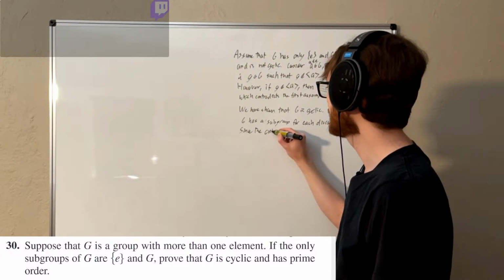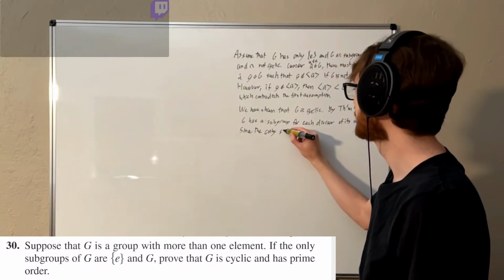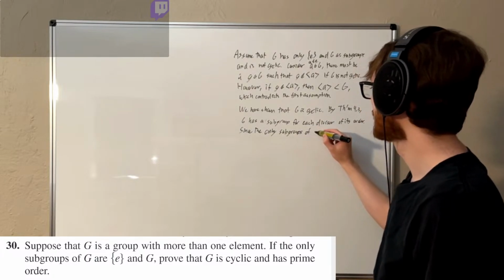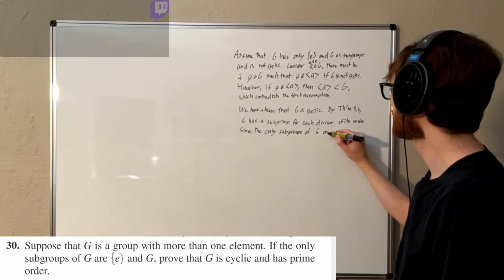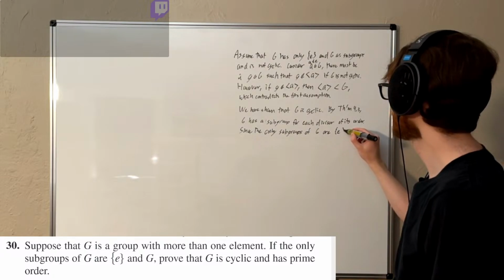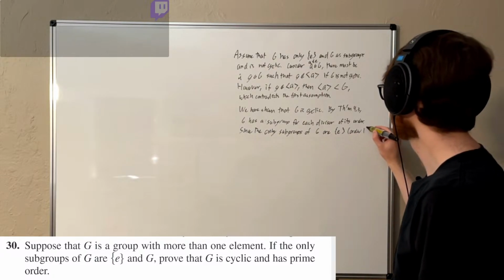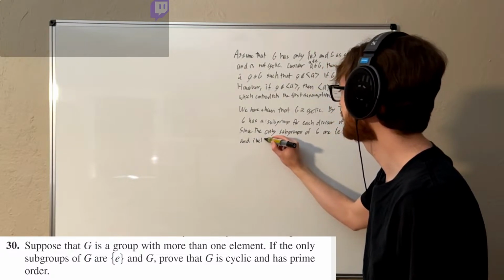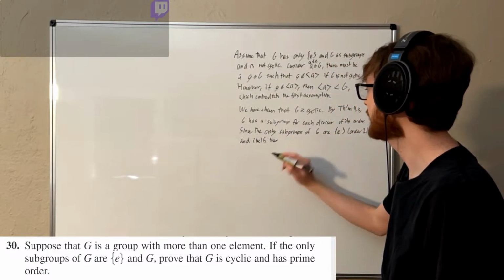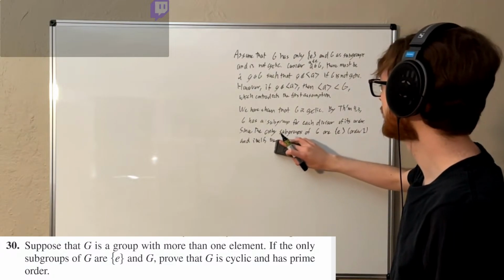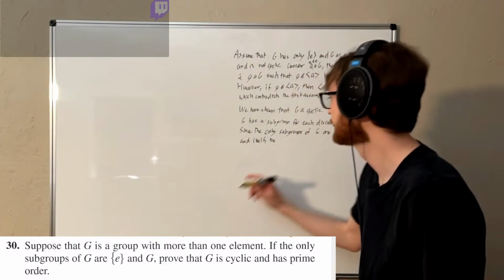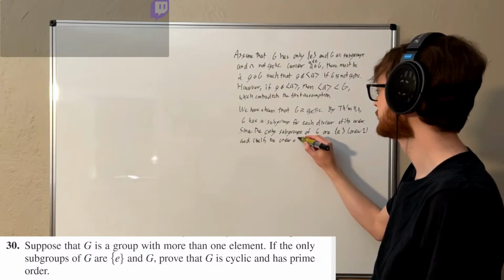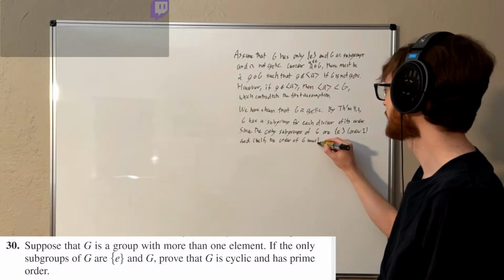Since the only subgroups of G are E, order 1, and itself, the order of G must be prime.